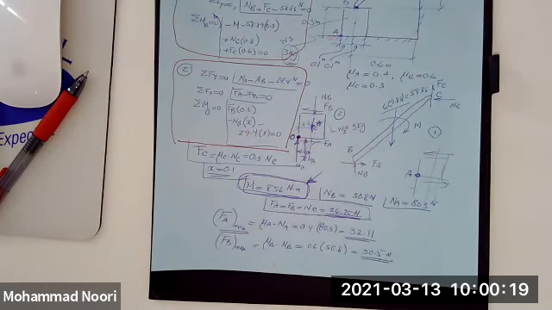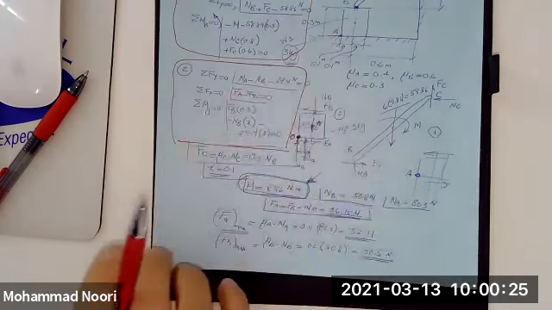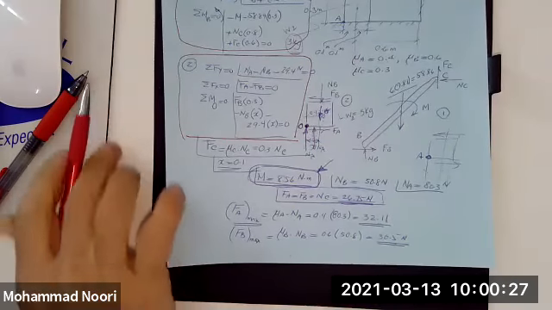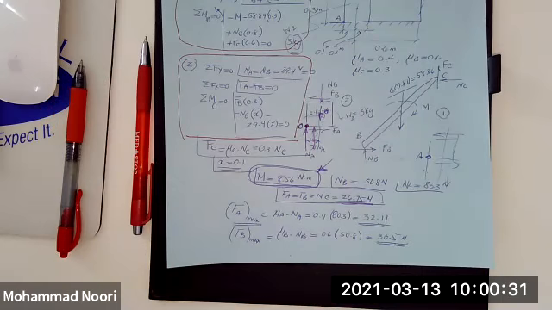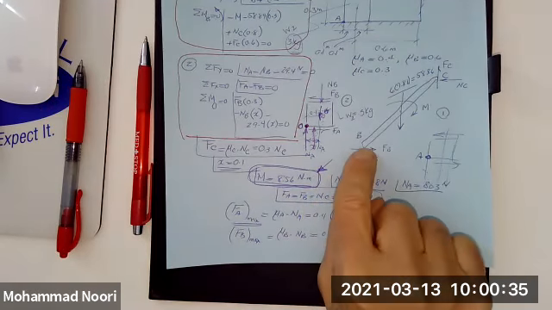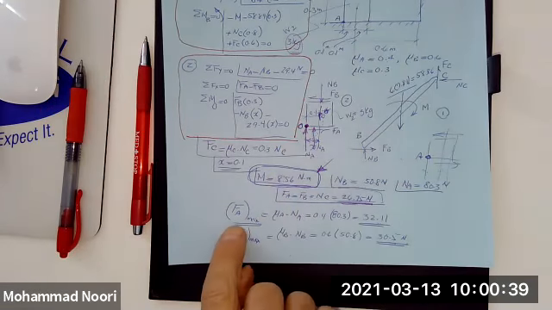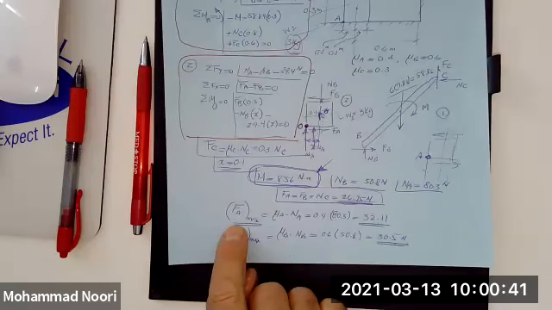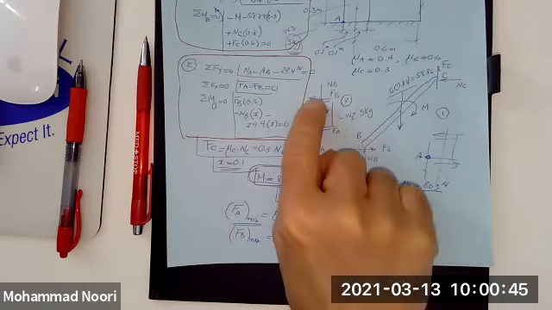But these friction forces that are required to keep this in equilibrium, may they be larger than the actual friction force that may be generated at this point and at this point? So we found those maximum friction forces that may develop here and here.